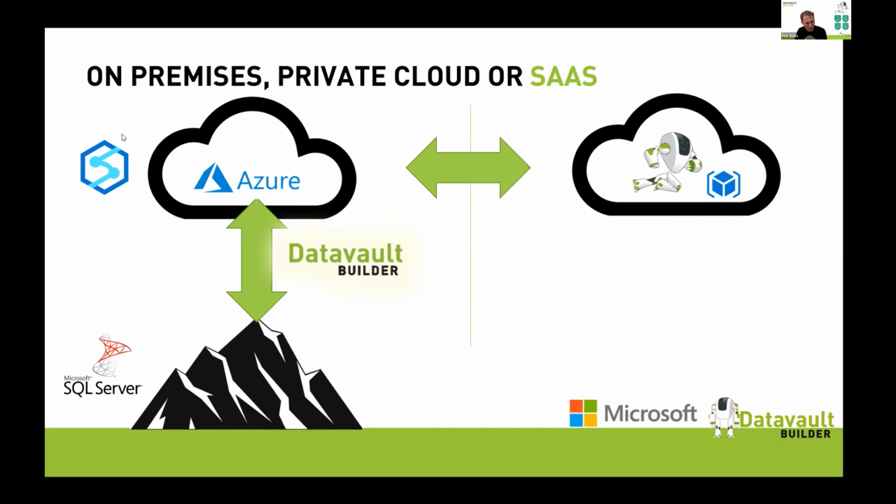And when you need more power, you can switch to a Synapse Analytics database. Here you have a lot of flexibility. We heard it before: you can scale it up, you can scale it down, you can turn it off overnight. And Datavault Builder supports all this functionality, as long as we can connect to the database holding all our metadata.